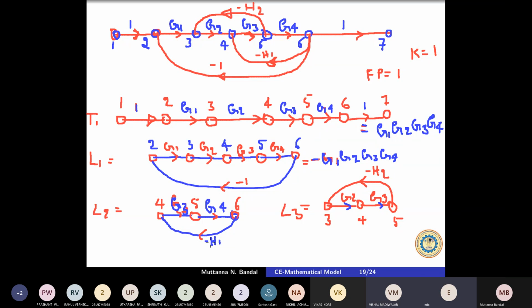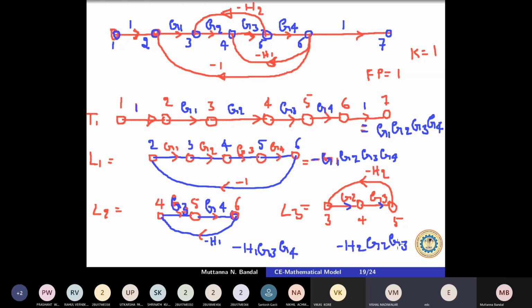Okay, this is for loop 1. For loop 2, minus H1, G3 and G4. For loop 3, minus H2, G2 into G3. Just a product of this one.